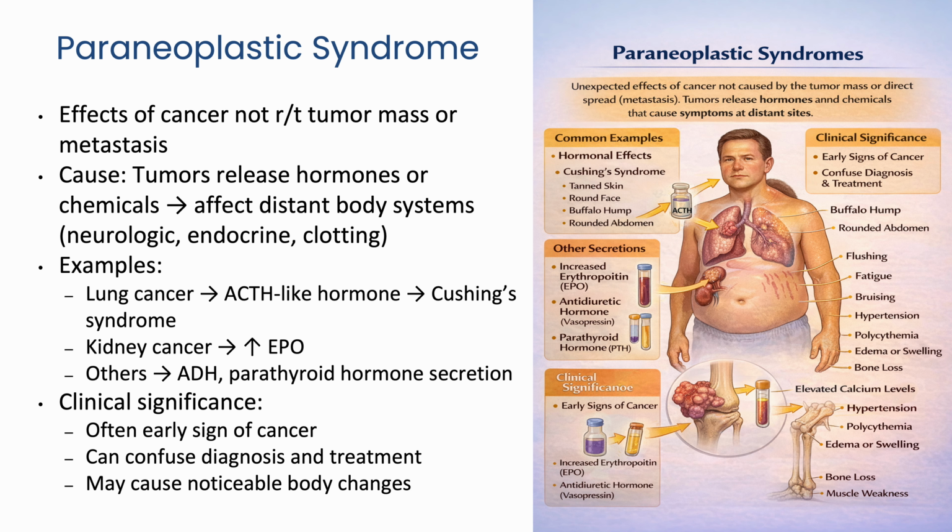Now let's talk a little bit about paraneoplastic syndrome. These syndromes are effects caused by tumor-secreted hormones or chemicals rather than the tumor mass itself. So it's caused by the hormones secreted by that tumor. These syndromes may actually be the first sign of cancer.